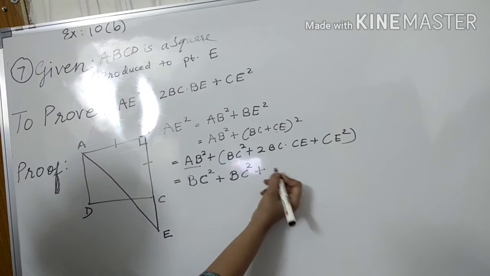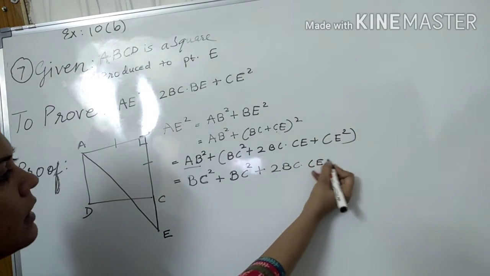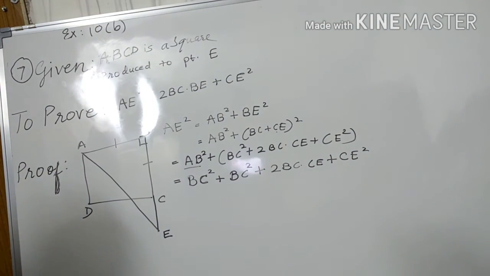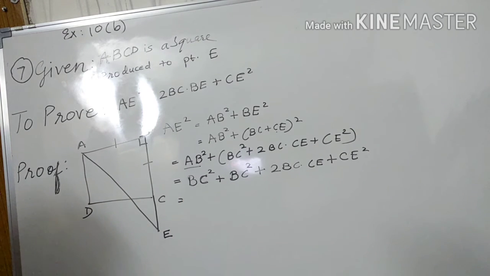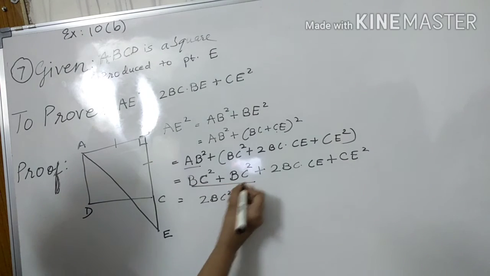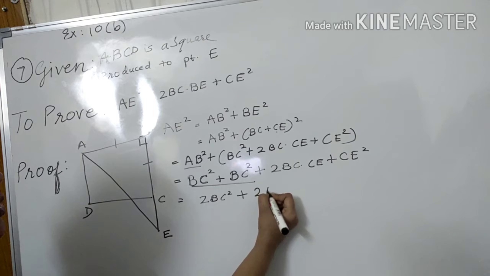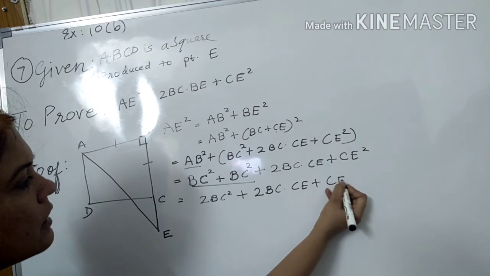I kept it outside the bracket. 2BC into CE plus CE square as it is. Now, this BC square plus BC square becomes 2BC square. So this becomes 2BC square plus 2BC into CE plus CE square.